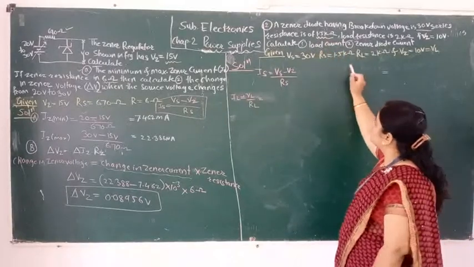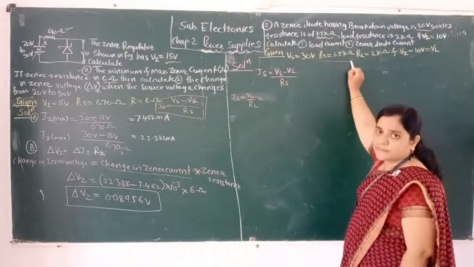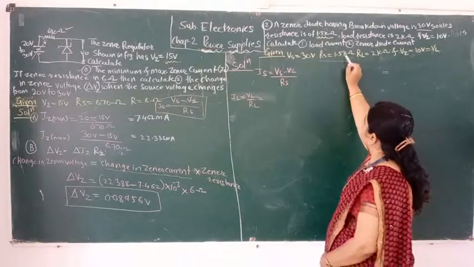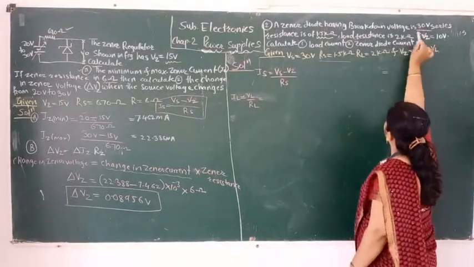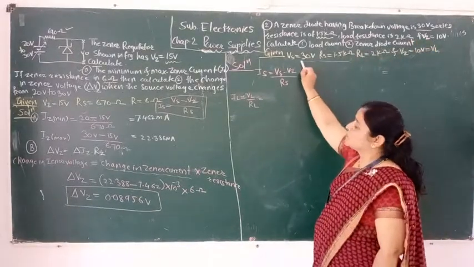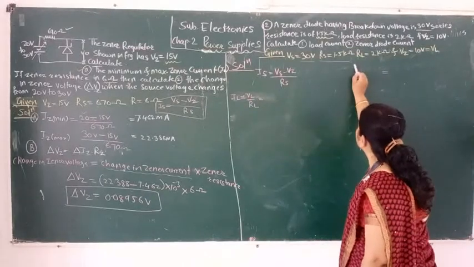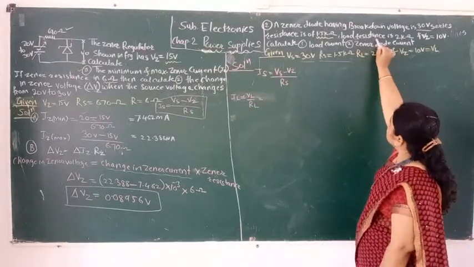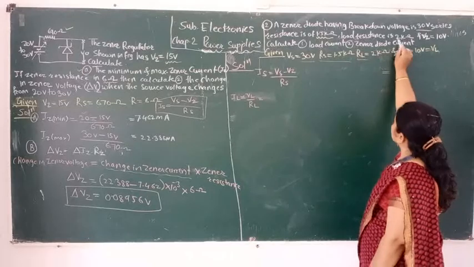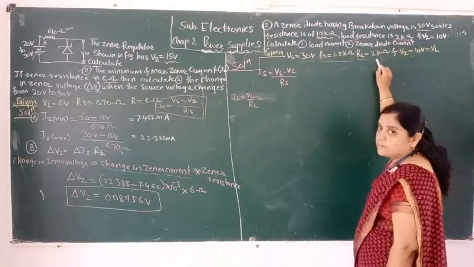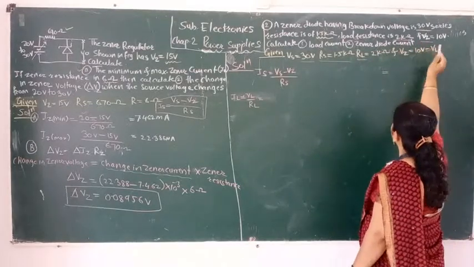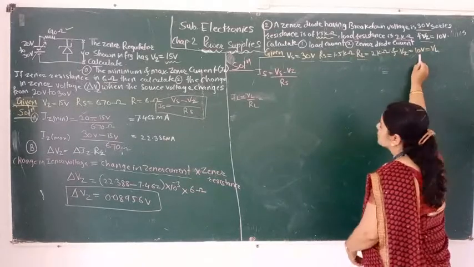Series resistance means Rs. And 30 volt is the source voltage. The load resistance RL is given as 2 kilo ohm. And Vz is given, that is 10 volt.